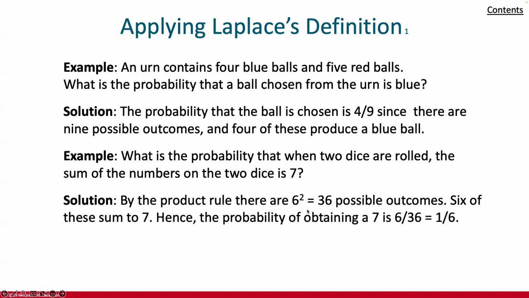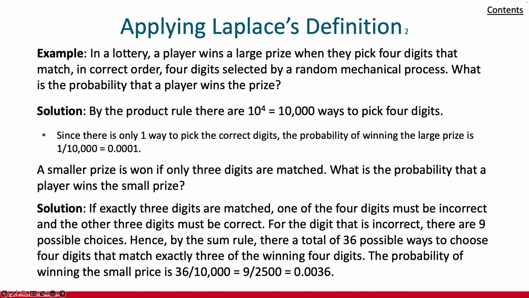With the product rule we've been introduced to, we have 6 possibilities for each roll and there are 2 rolls, so that's a total of 36 possibilities. We just need to look at how we can get a sum of 7, and there are a total of 6 possible ways, so it's 1/6 of the time. It just gives you a little bit of perspective.